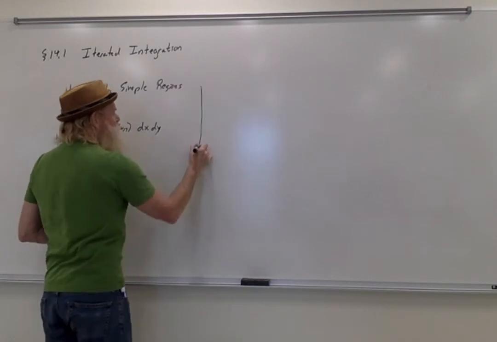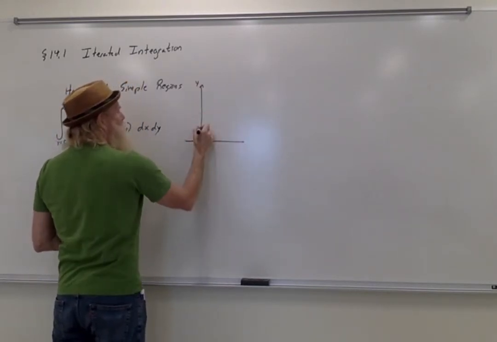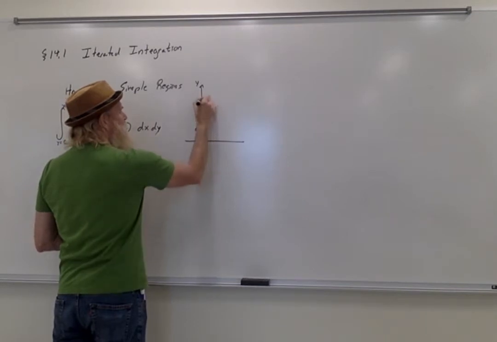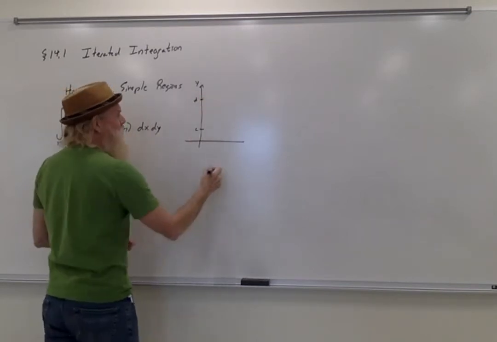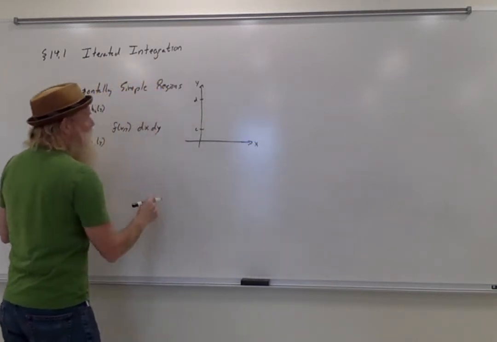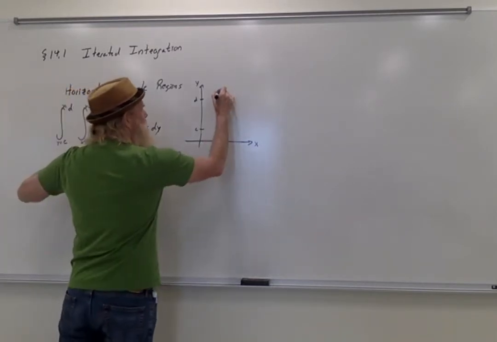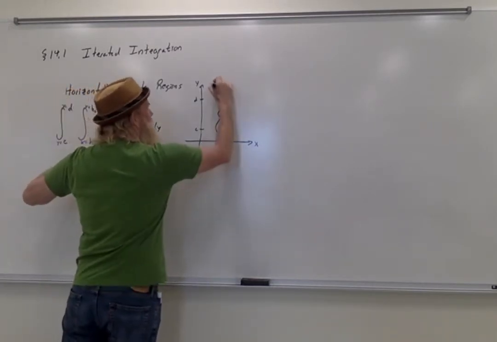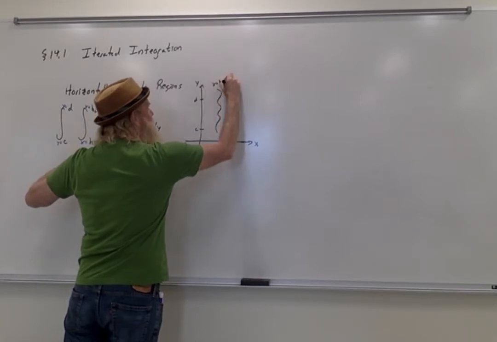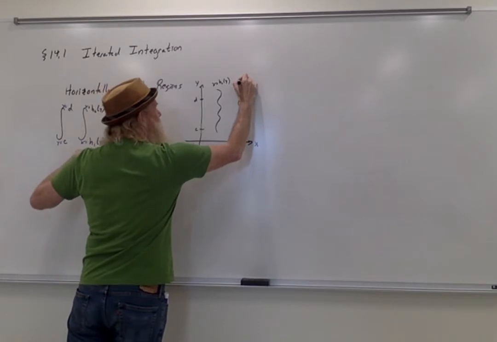In terms of pictures, things are going to look like this. Along the y-axis, we're staying between c and d. And then to the right of that, I'm going to have the graphs of two functions, x equals h1 of y, and x equals h2 of y.